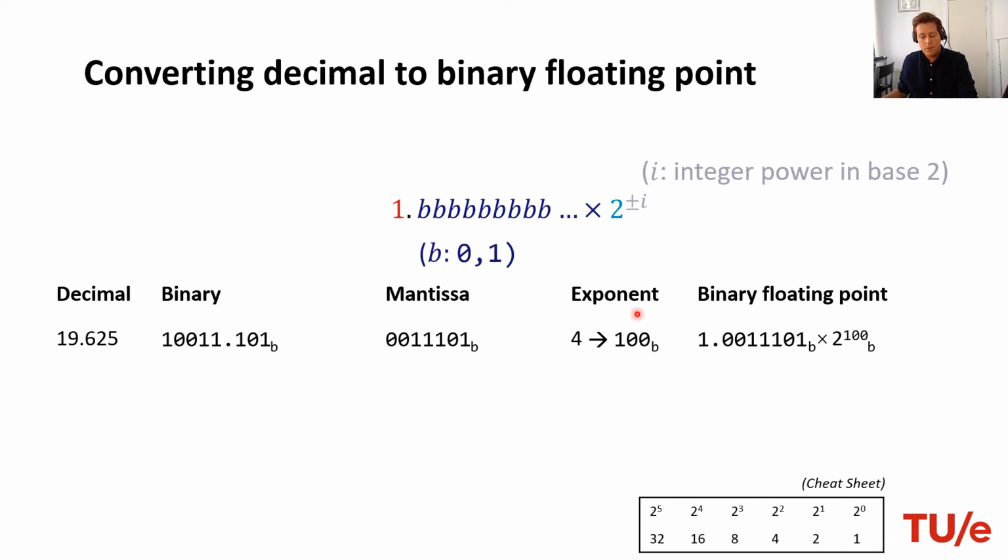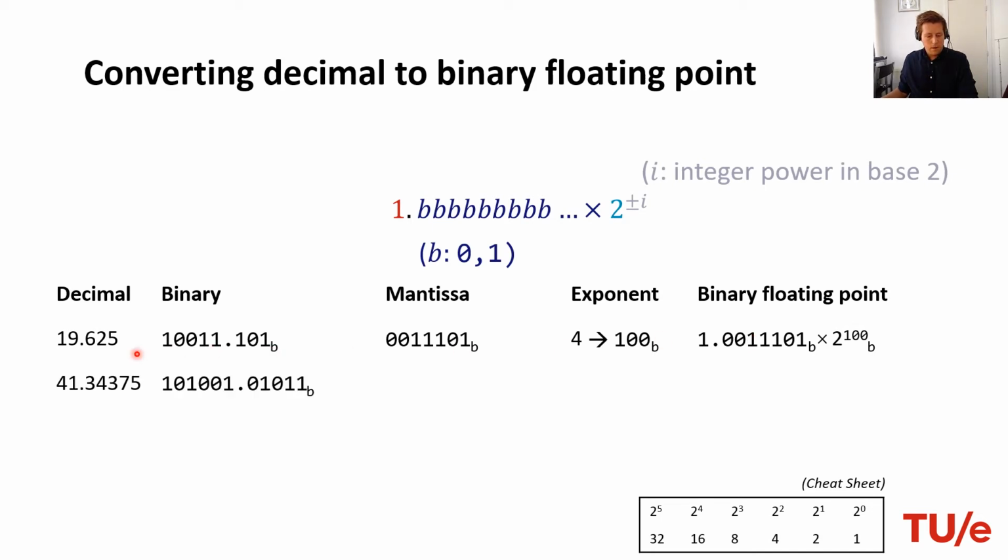Then writing this in binary floating point is just the leading non-zero bit, which is always 1 in binary floating point. We have here the mantissa 001101 times 2 to the power 100, which is the number 4 in binary representation.